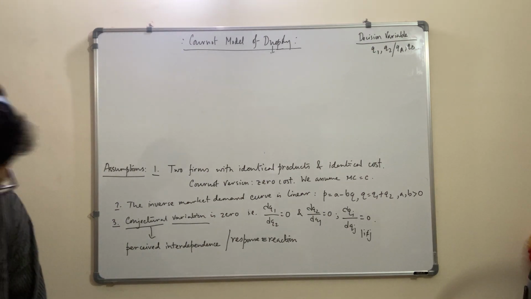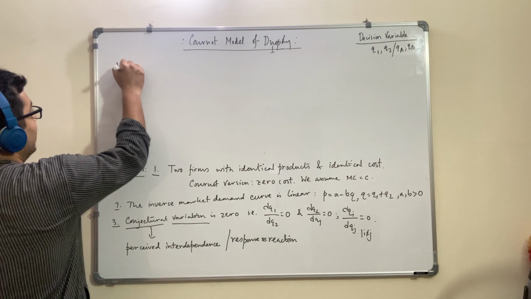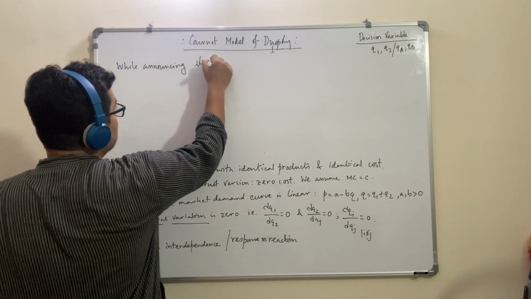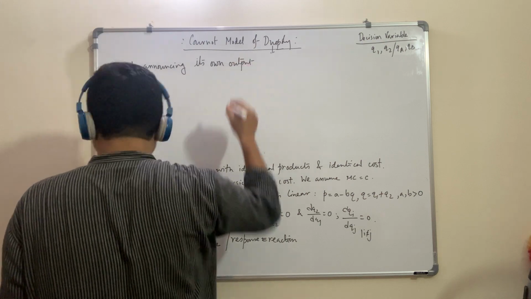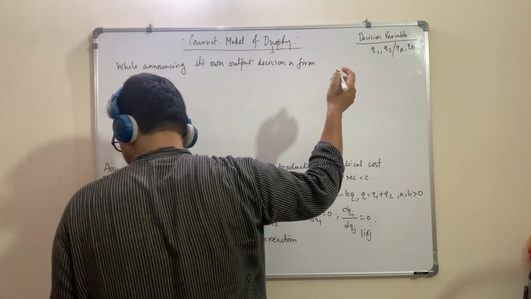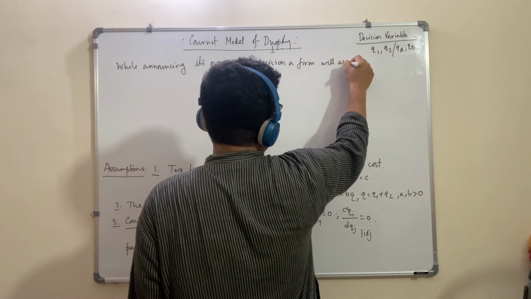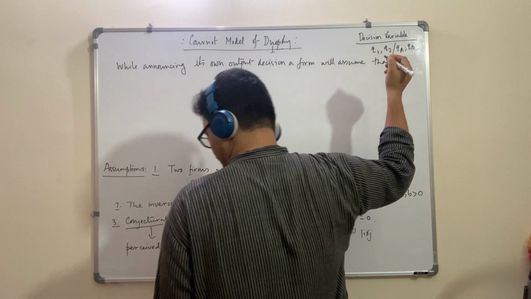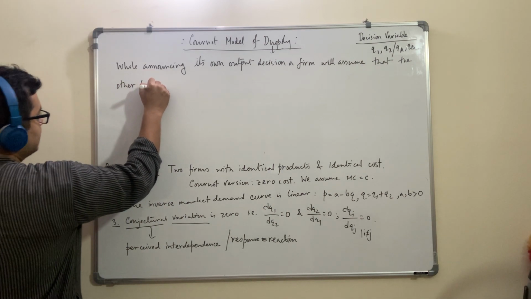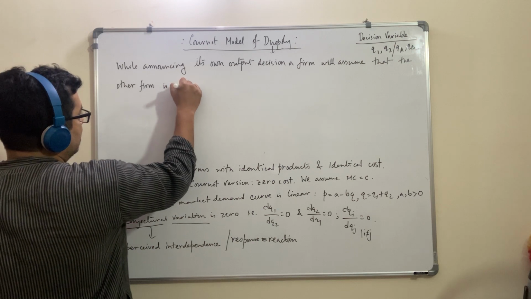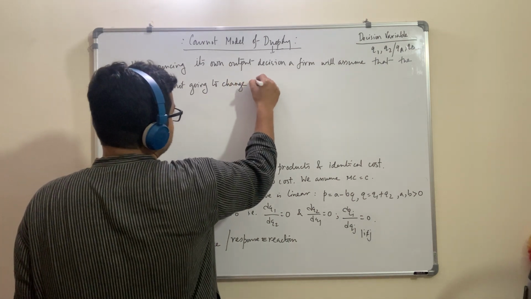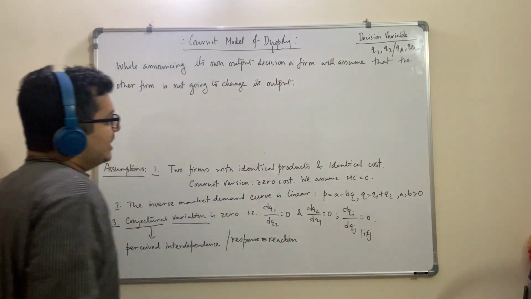So in English, this means while announcing its own output decision, a firm will assume that the other firm is not going to change its output. Okay, so that's what it means.